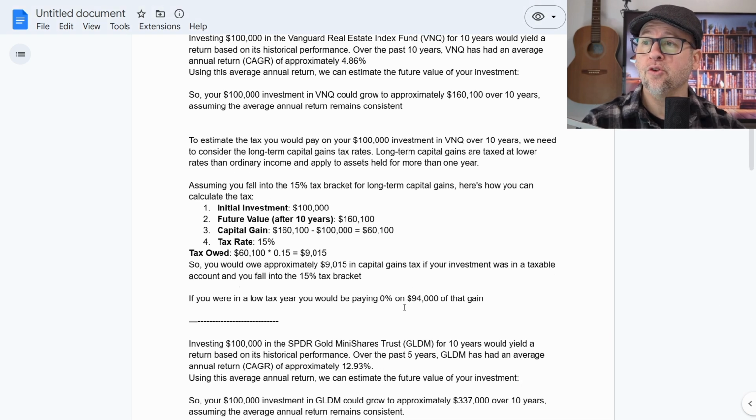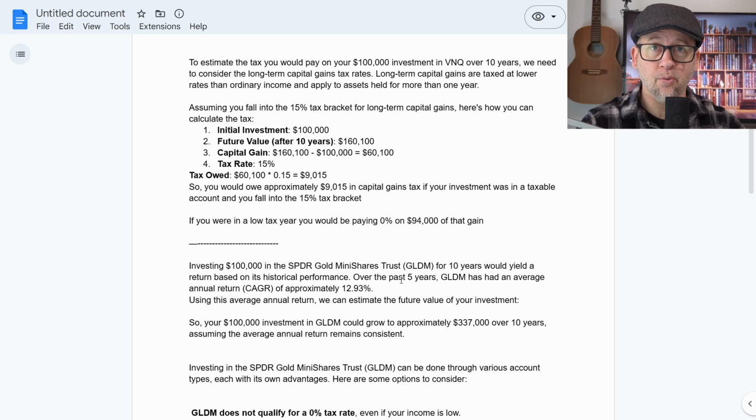To estimate the taxes you pay on a $100,000 investment in VNQ over 10 years, you need to consider long-term capital gains tax rates. Long-term capital gains are taxed at lower rates than ordinary income and apply to assets held for more than 1 year. Assuming you fall within a 15% tax bracket for long-term capital gains, here's how you would calculate that tax. Initial investment, $100,000.